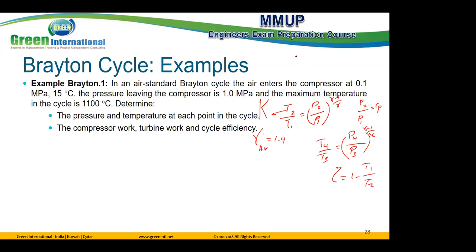This is not the gamma for m dot, not rho g. This is a constant, not a specific weight. It is 1.4, the ratio between specific heat at constant pressure to specific heat at constant volume, Cp over Cv.